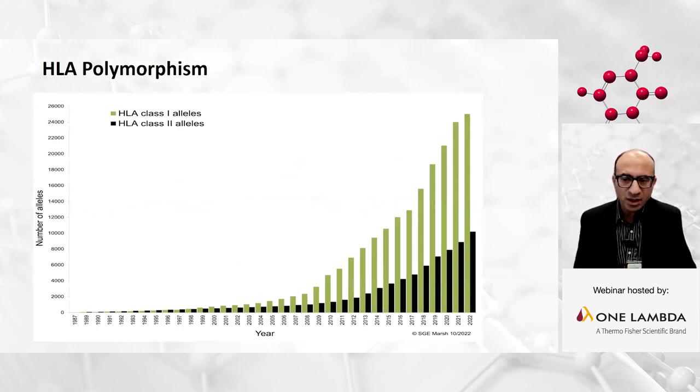As you know, the HLA system is the most polymorphic region known in the human genome. To date, there are over 25,000 HLA alleles for class 1, as seen in this light green bar, and over 10,000 HLA class 2, as seen in the dark green bar. I can see the growth of the number of alleles over these years reflects the method of typing that was available.